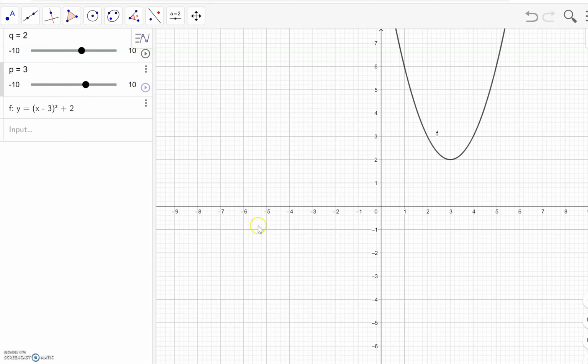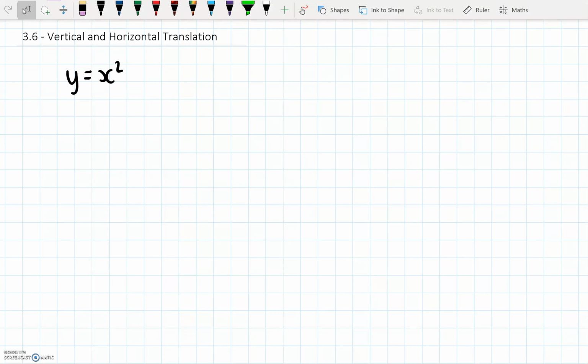We'll just write this as a quick summary. In OneNote we have our standard formula here, which is y equals a times x minus p squared plus q. And a still does what it normally does.